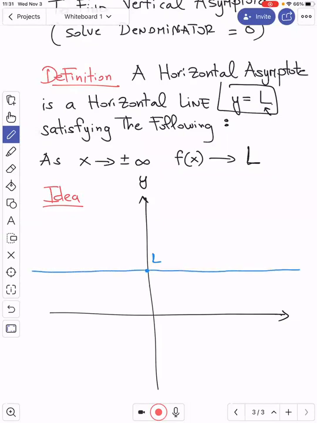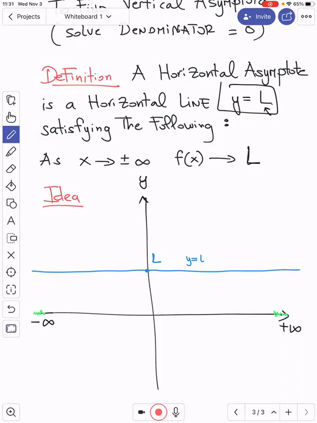Now, if x is in a neighborhood of negative infinity or positive infinity, so your x is somewhere right here, close to negative infinity or close to positive infinity, then the values of f are going to be close to L. So the graph of f is going to be close to this line, y equals L.